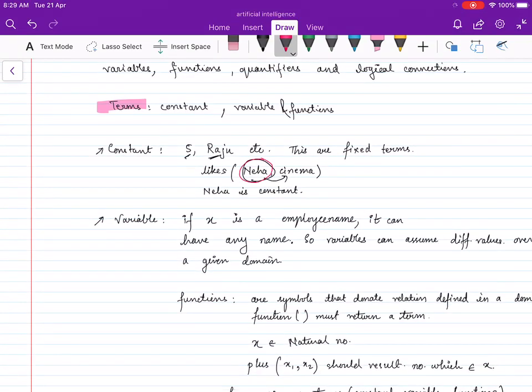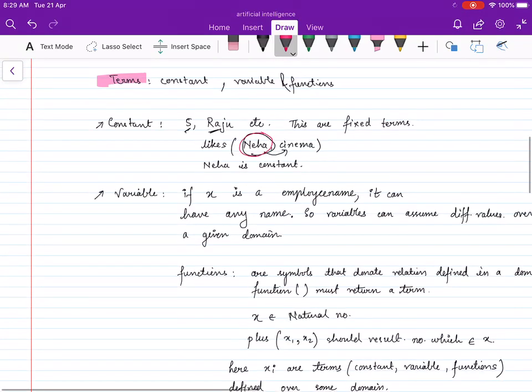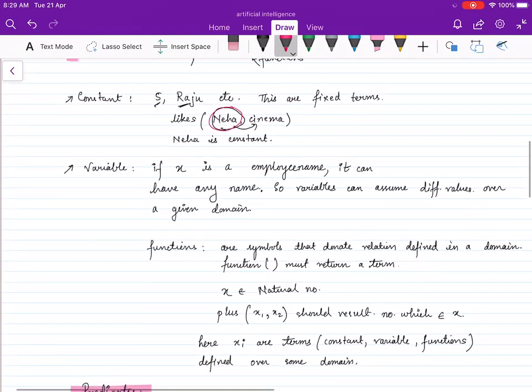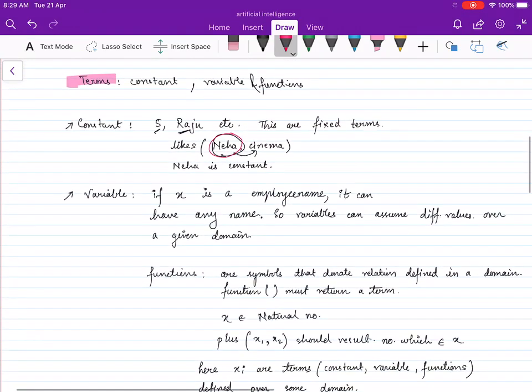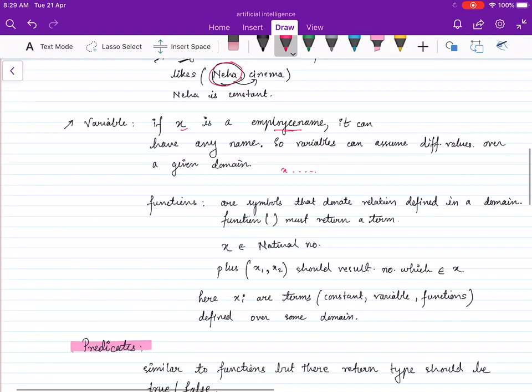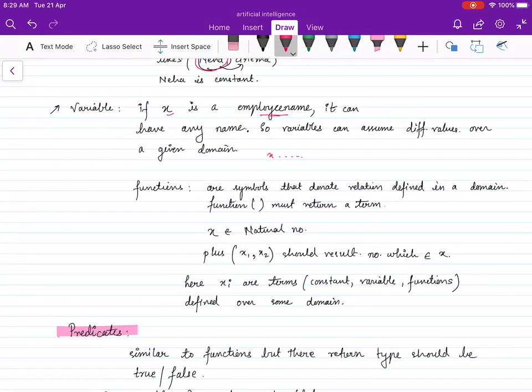What we mean by constant is that they are fixed terms. So what is a variable? If x is an employee name, it can have any name. A variable can assume different values over a given domain. As we have already discussed, x can have any value depending on its domain. For example, employee name is the domain of x. Functions are symbols that denote a relation defined in a domain. A function must return a term.